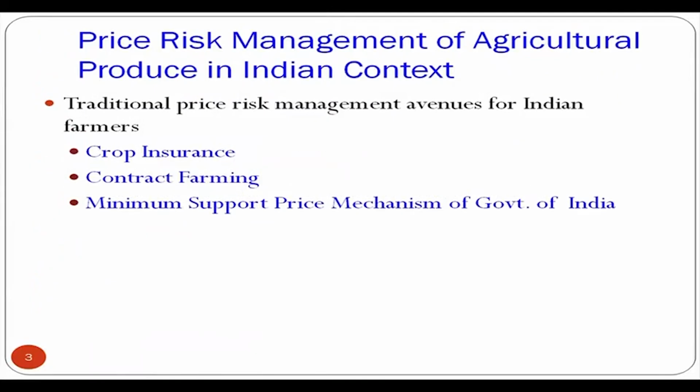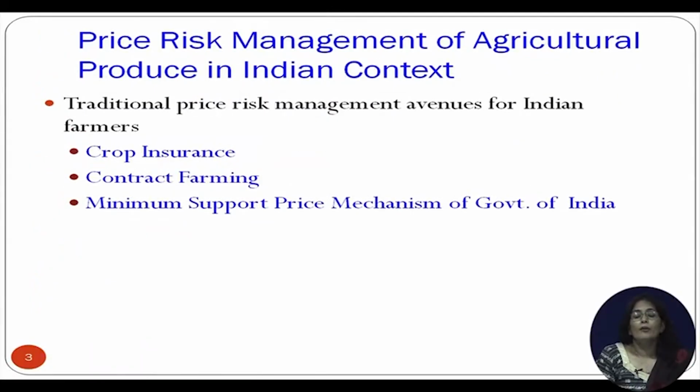Now let's go to understanding what has been the traditional price risk management for agricultural produce. You know that MCX, NCDEX, etc. came into the picture only from 2003-2004 onwards.